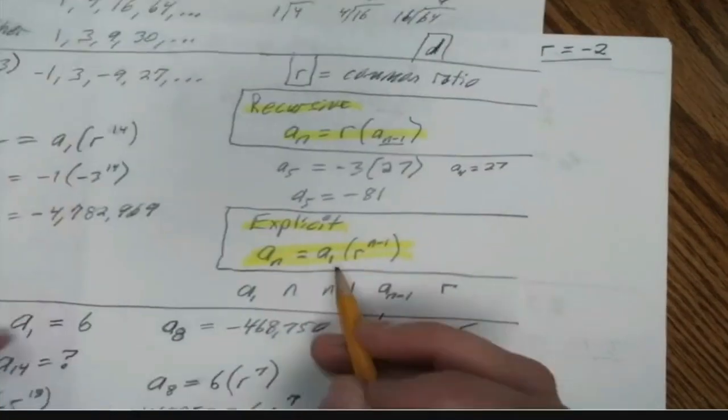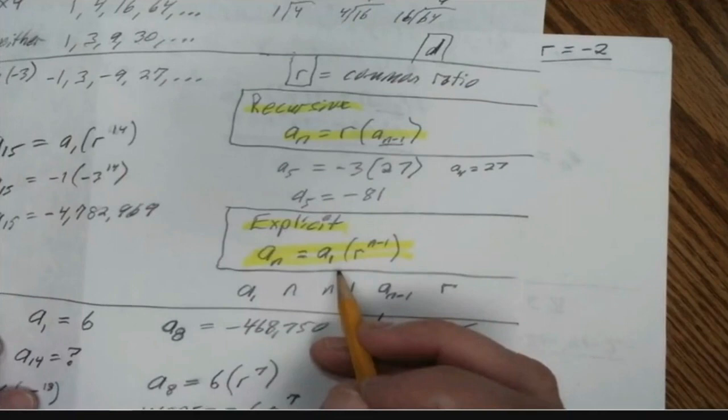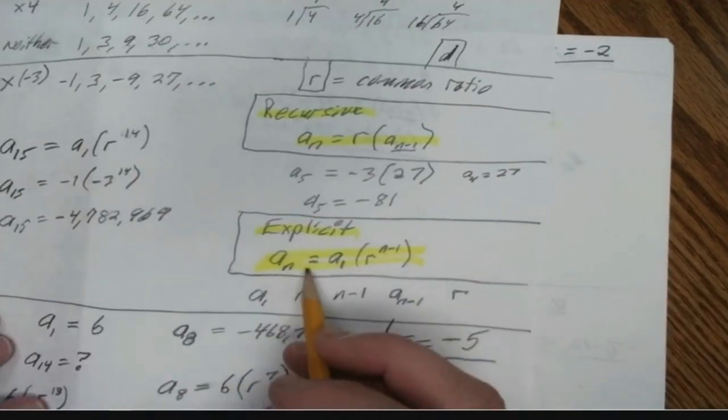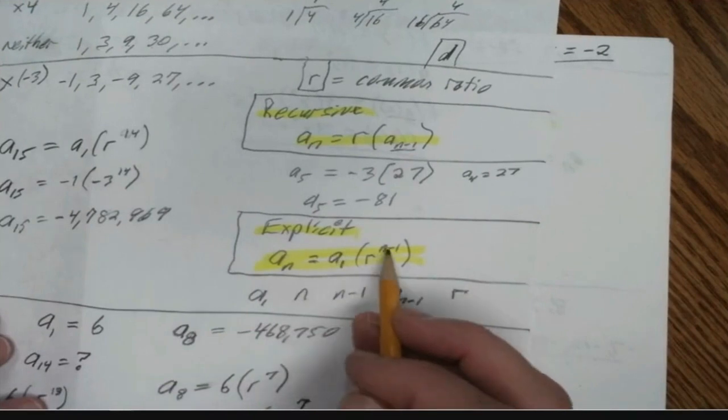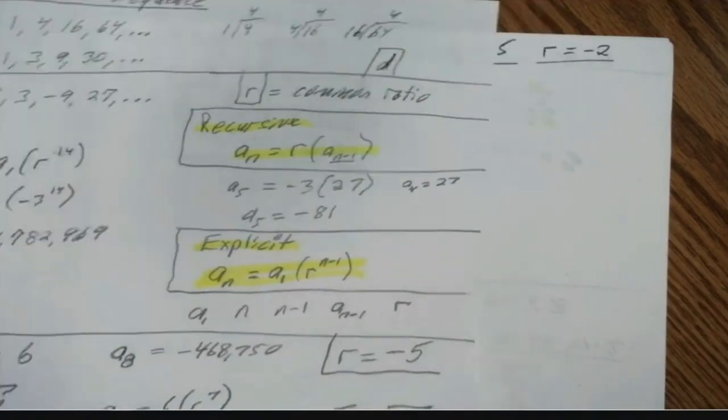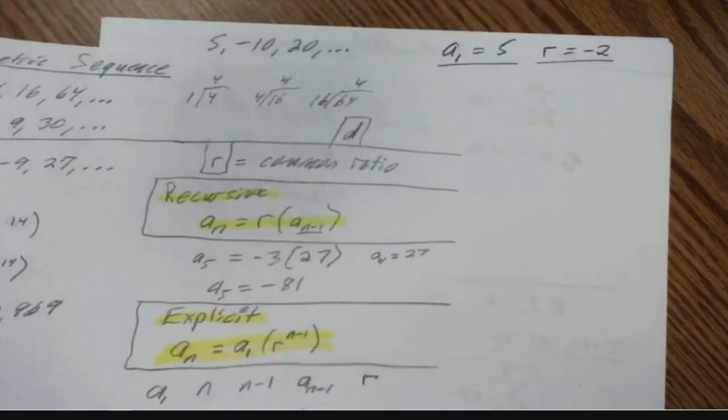So if we go right here, we've got the explicit formula for a geometric sequence: a sub n equals the first term times r to the power of n minus 1. Let's substitute what we know in here to find the eighth term.